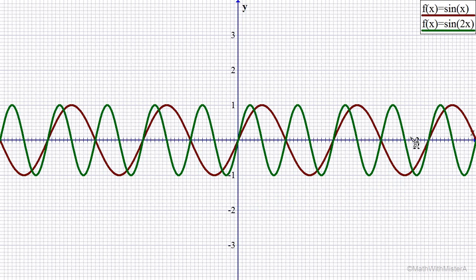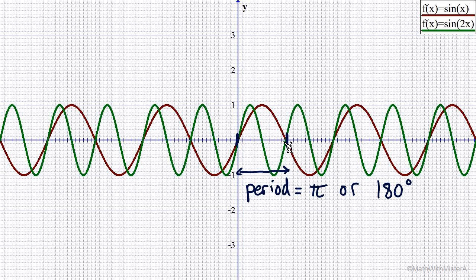If we look at sine of 2x, which we know horizontally compressed this graph, it's going to change the period. We're going to accomplish a complete cycle not in 360 degrees, but again divide by this factor 2. Now our period is 180 degrees. In between these 2 points, we see one complete cycle. And if we're talking about radians, 2 pi radians divided by 2 would be a period of pi.